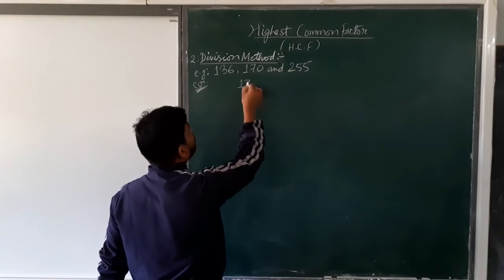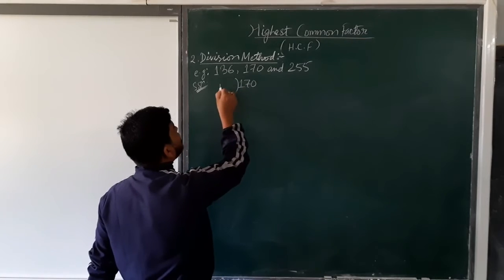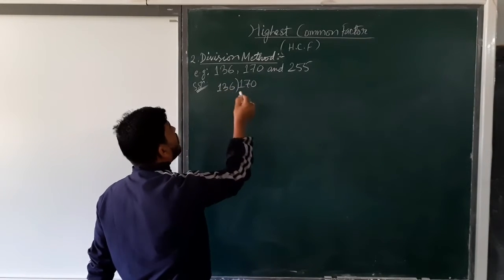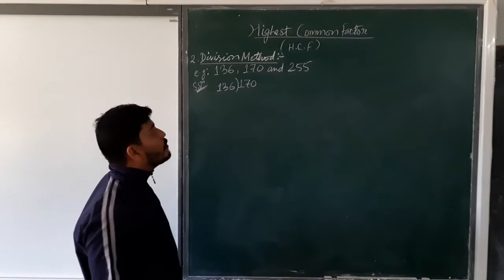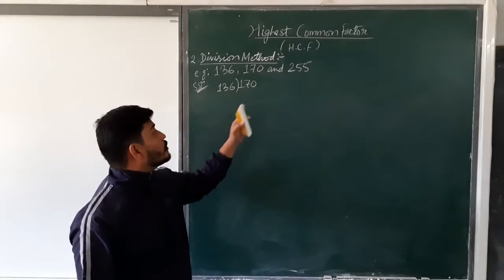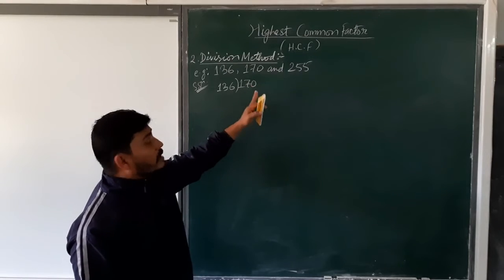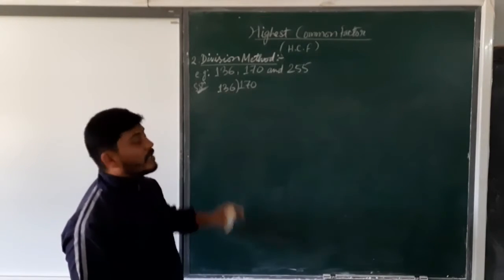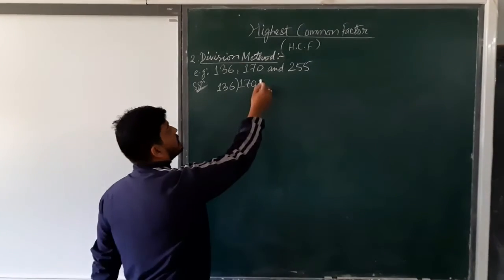So here first of all I am taking 170 and I am dividing it by 136, because I cannot divide by 255. Why? Because 255 is greater than 170. So we have to divide 170 by the smaller number. So I am dividing by 136.